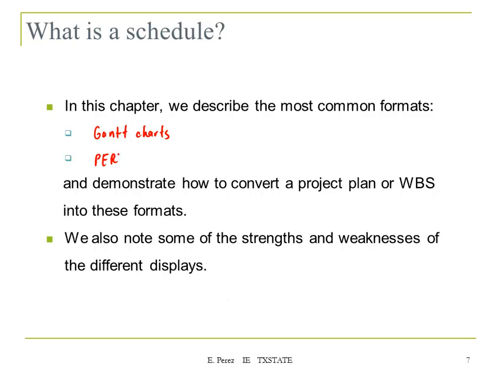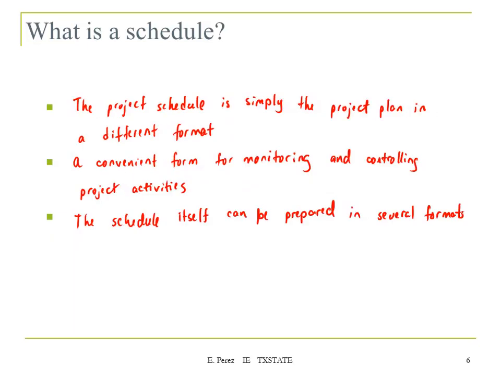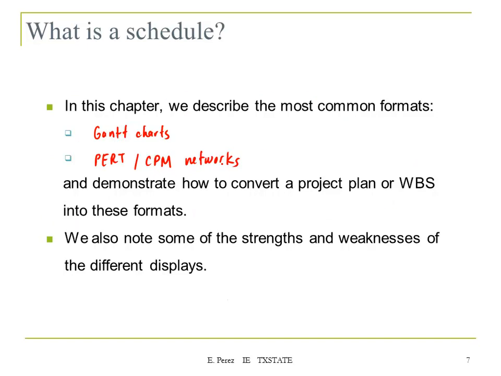And we're going to talk about PERT and CPM networks, and how to convert the project plan or the work breakdown structure into these formats. We also note some of the strengths and weaknesses of different displays. So these displays both have their advantages and their disadvantages, so we're going to talk about those also in class.